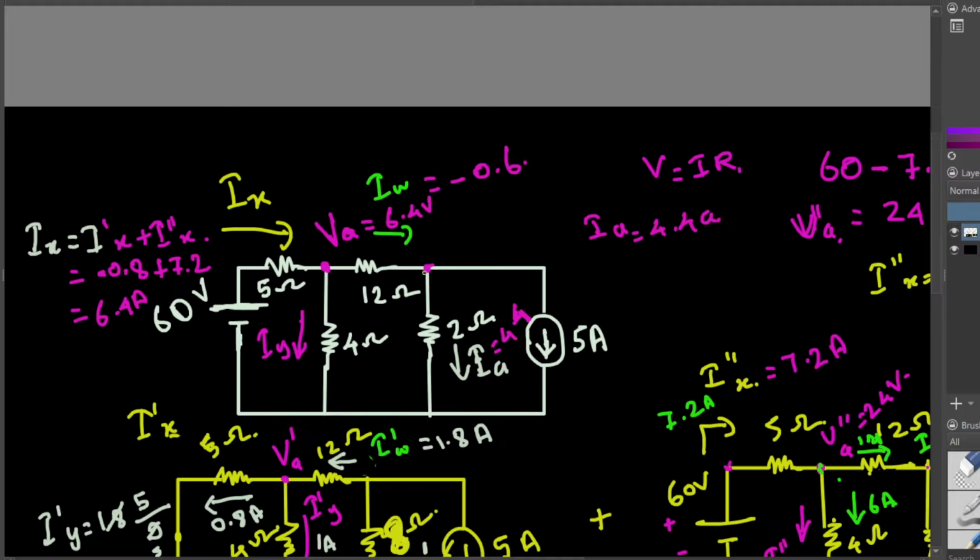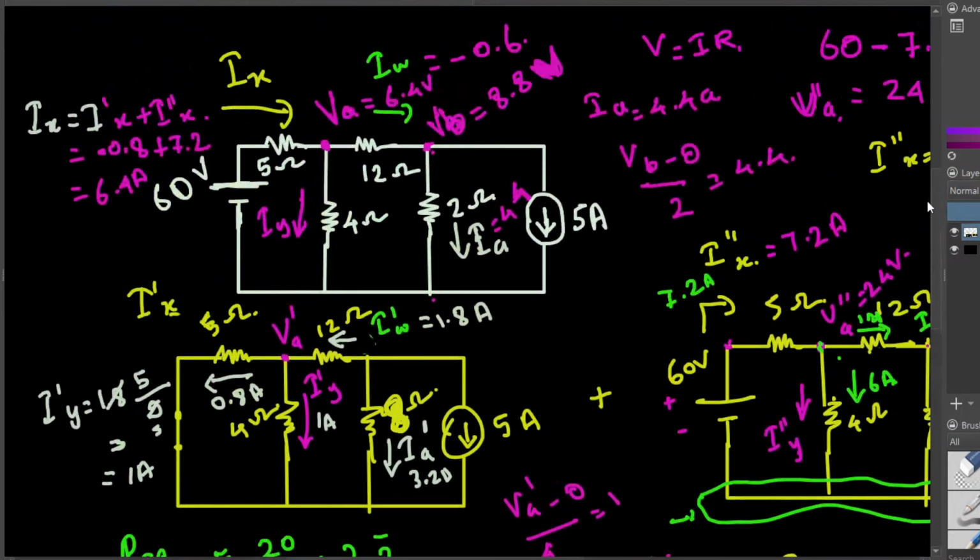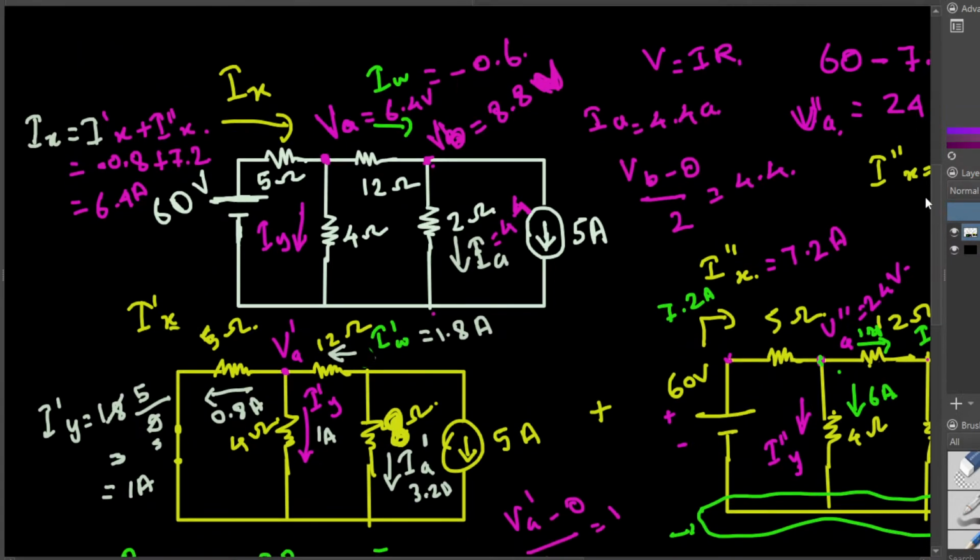Let's call this one VB. VB minus 0 divided by the resistance in between, 2, should be equal to this current, 4.4. Therefore VB is 2 times 4.4, so this is 8.8 volts. Okay, that one is straightforward, and that's basically it.